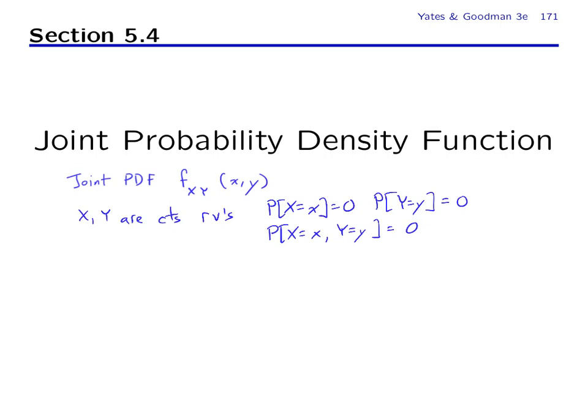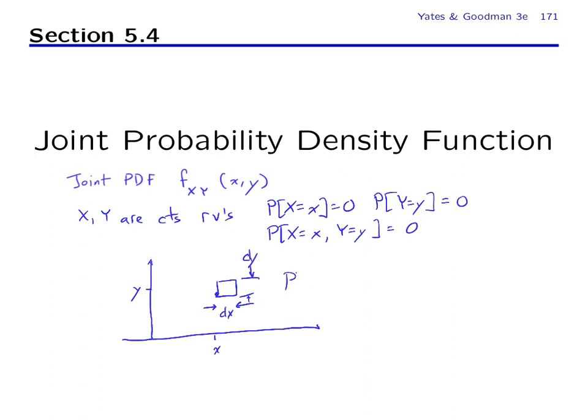However, what we're interested in is the idea that there's a density such that if you imagine a point, here's a point x, y, you could be interested in the probability that there's a box of some infinitesimal width dx and some height dy.